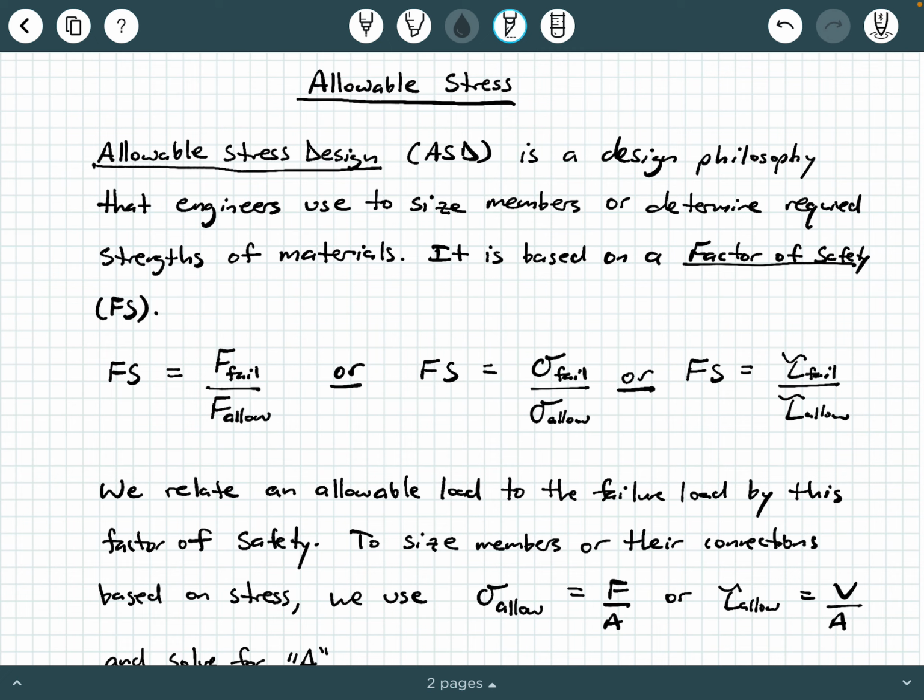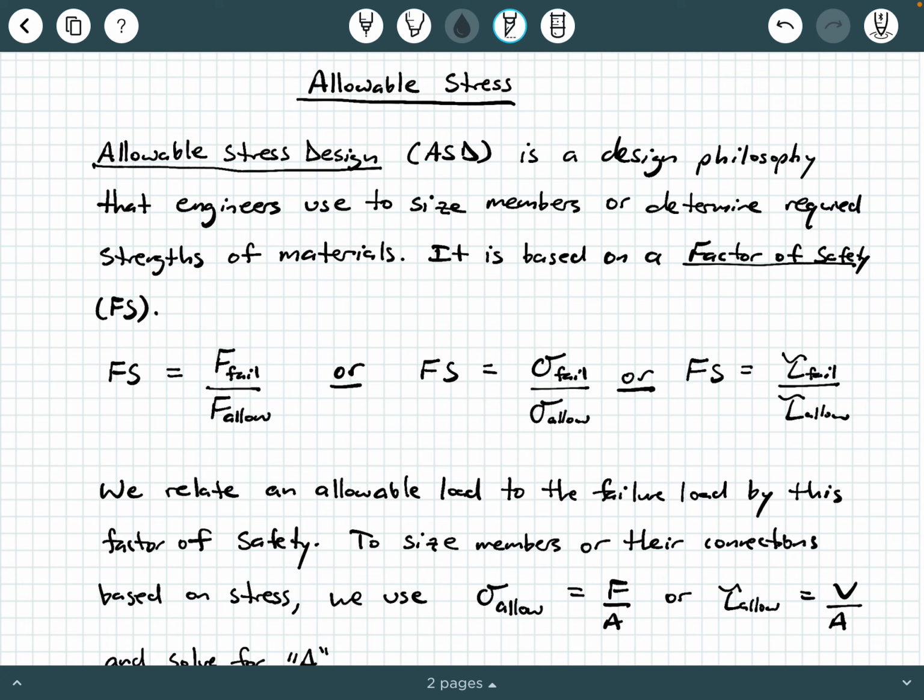Okay, so let's say that we are designing a mechanical component of a machine, okay? And let's say that that mechanical component of a machine is going to have to withstand a force of, let's say, 25 kips, okay?